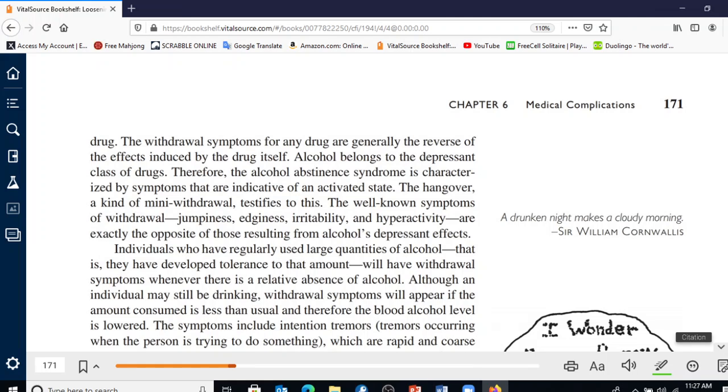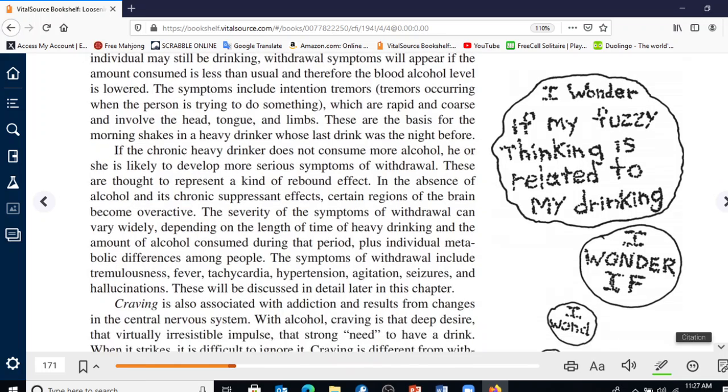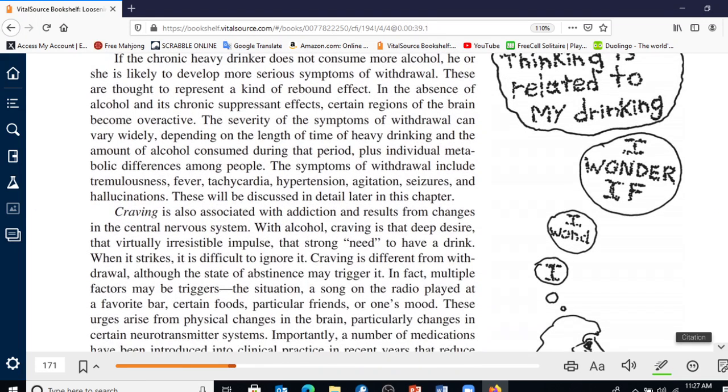One is tolerance. If you've been drinking a lot over time, then you tend to develop a tolerance, and the tolerance is such that it takes you more alcohol to get where you want to go now than it used to when you started. It takes you more cocaine. It takes you more heroin. It takes you more fill in the blank to get where you want to go now than it did when you started. And that has to do with changes to the CNS.